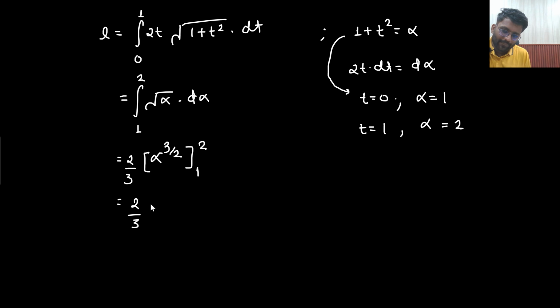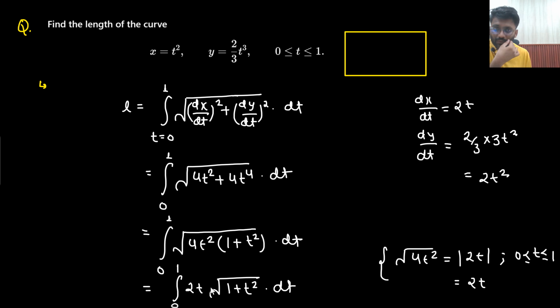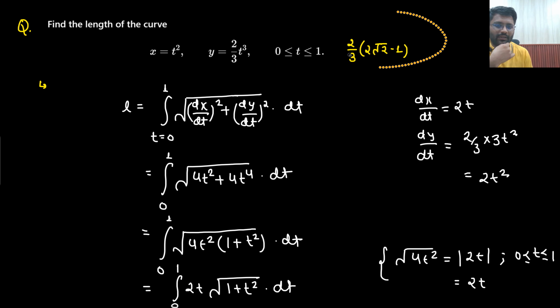So 2 by 3, 2 to the power 3 by 2 would be 2 root 2, and 1 to the power 3 by 2 would be 1. There you go. So 2 by 3 into (2 root 2 minus 1). This will be the length.